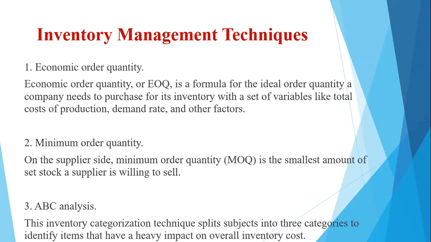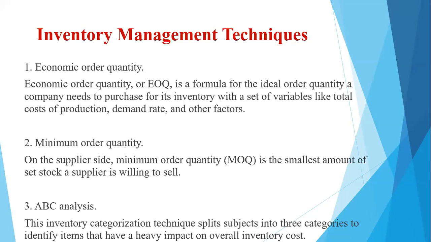Now on the supplier side, minimum order quantity, or MOQ, is the smallest amount of set stock a supplier is willing to sell. So it is some pre-decided stock level where the supplier is not ready to sell below it, right?